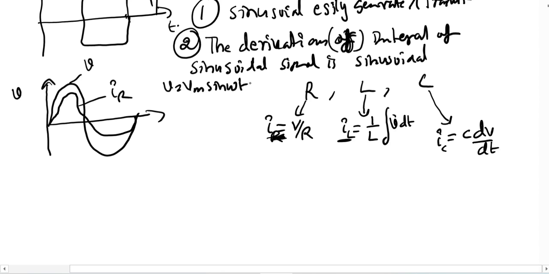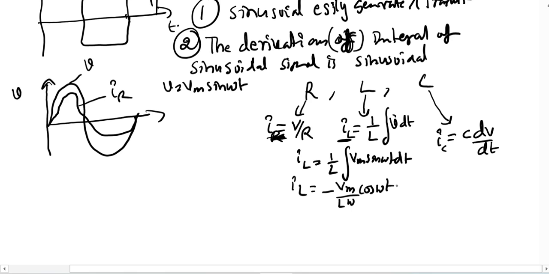Integrating, we get 1 by L times the integral of Vm sin omega t dt, which gives minus Vm by L omega times cos omega t. It means IL also comes out as a sinusoidal signal.